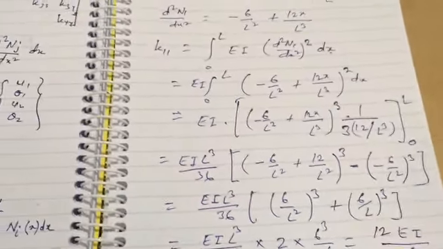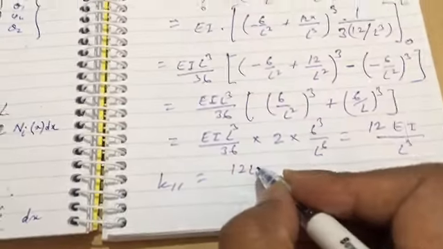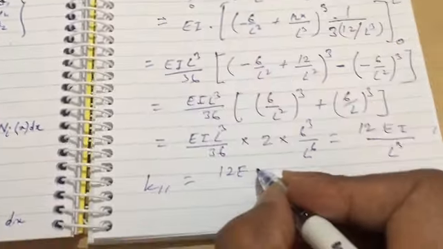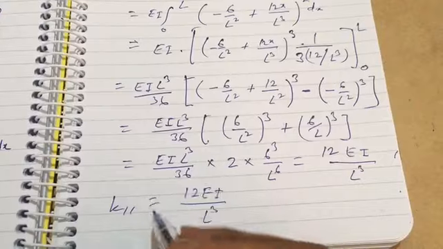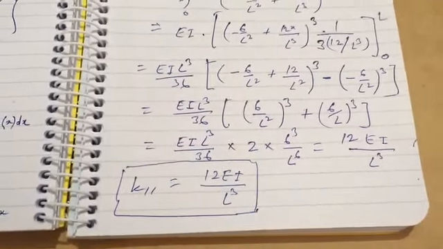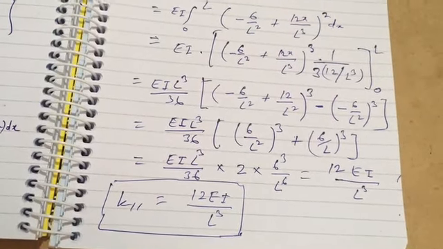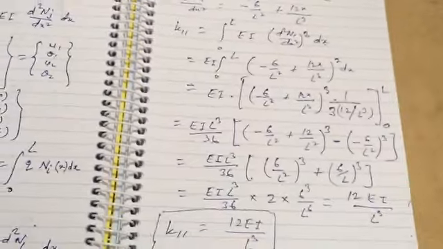So simply k11 equals 12 EI over L cube. So this we got. Similarly, you can find k12, k13 and so on. This is just one example.